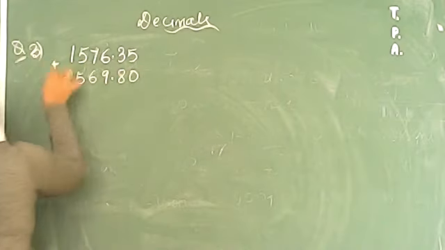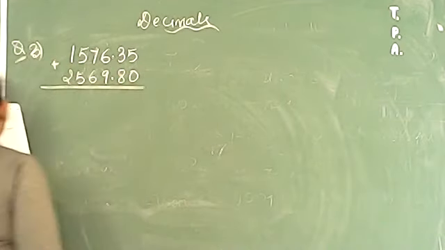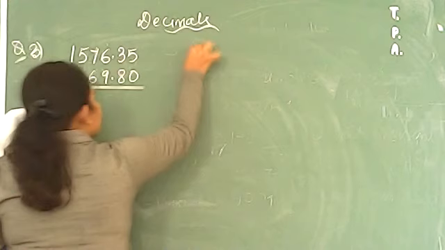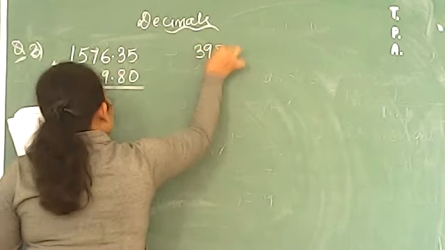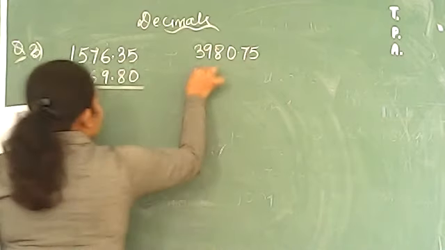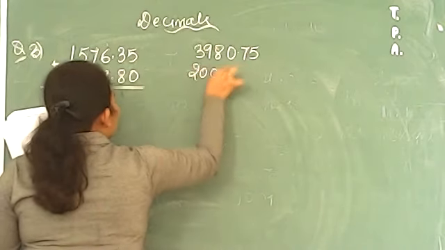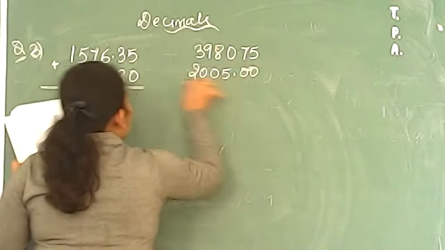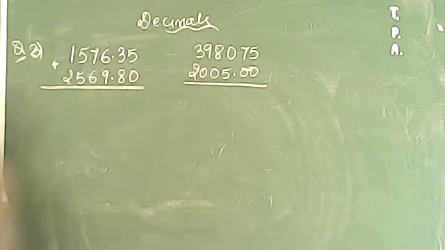This is first addition number. Second one is 3980.75 and another is 2005. No number after decimal, so I am putting as 0. So these two sums we will first take out and after that we will have the subtraction part.